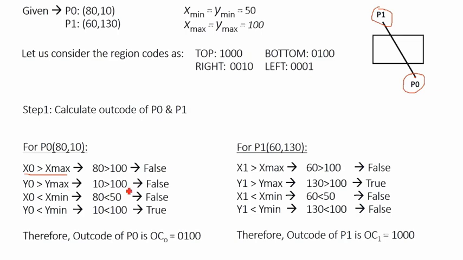We compare this X0 and Y0 value with all four boundary values of the window, and whichever region it is in, for that edge the comparison would give us true. So we will actually assign the region code of this region as the outcode of the point.